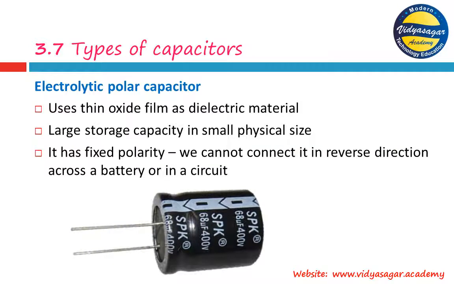Now the types of capacitor, there are basically three types of capacitor. Electrolytic polar capacitor, it has a thin oxide film as dielectric material. All these simple points you have to just remember and write them down in your 11th standard internal examination, because these theoretical points have nothing to do actually with our 12th standard syllabus.